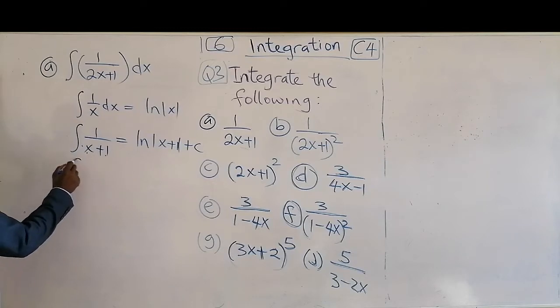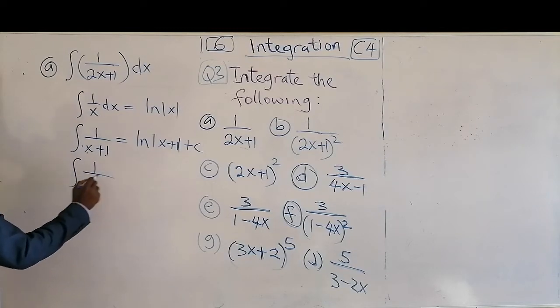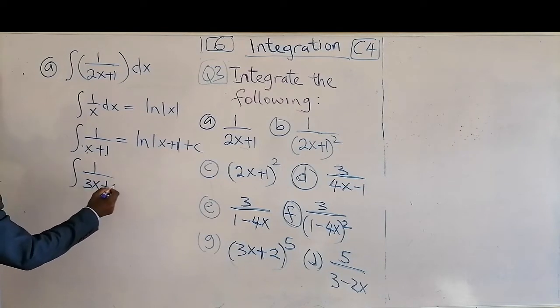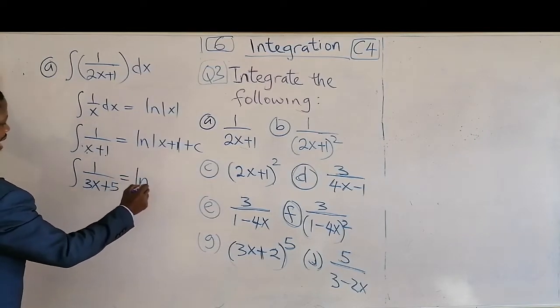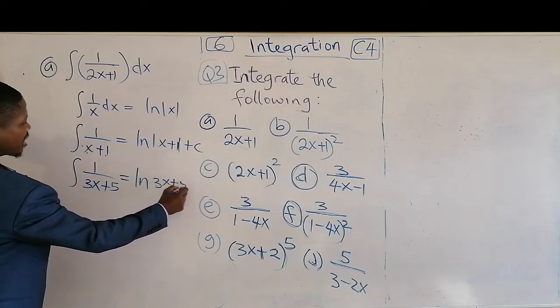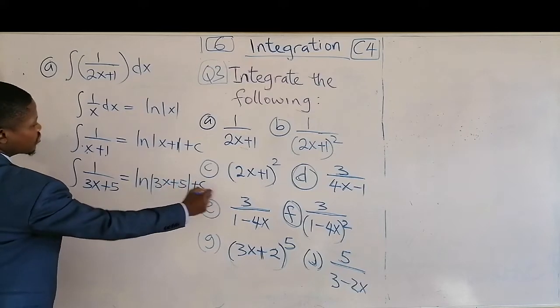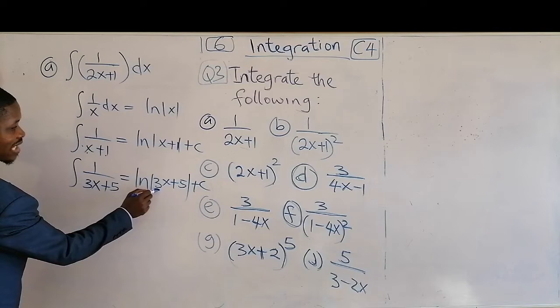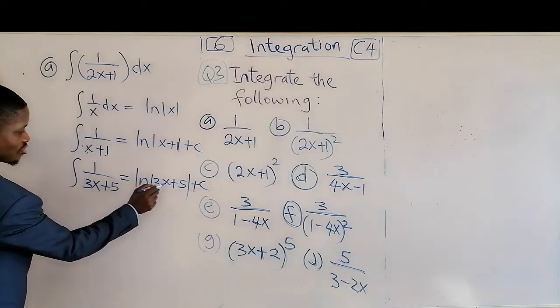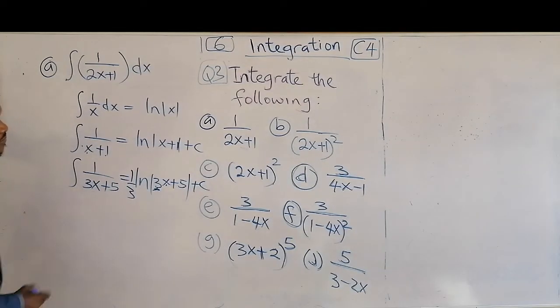Let's say you have an integral of 1 over 3x plus 5. This will be equal to ln of 3x plus 5, then put your constant of integration. Then you divide by what attaches to that function. That's 1 over 3.